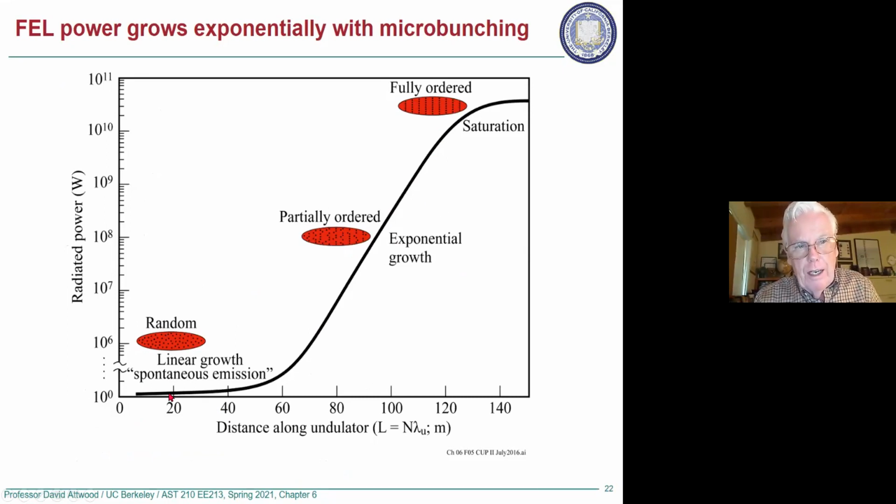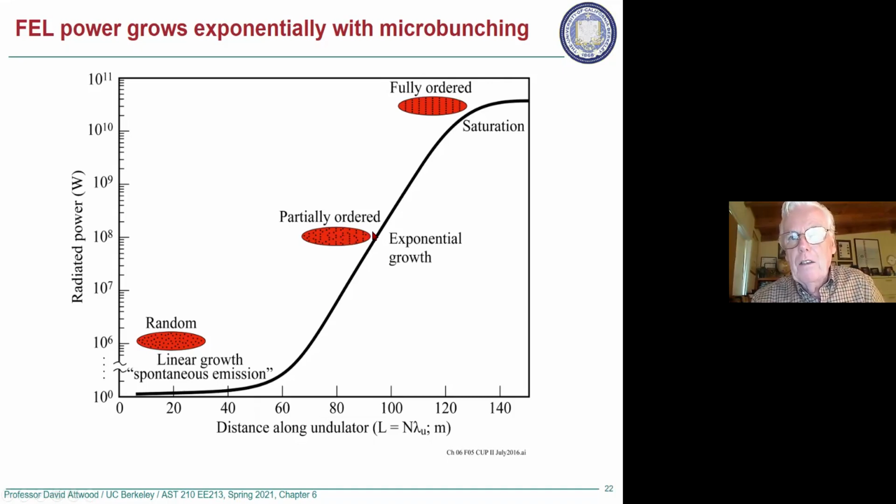So you start in the beginning with a completely random electron distribution. Somehow or other, statistically, a small short wave appears somewhere in here, and we start to get this feedback mechanism with the electric field pushing the electrons into little microbunching. And so we get a partial ordering.